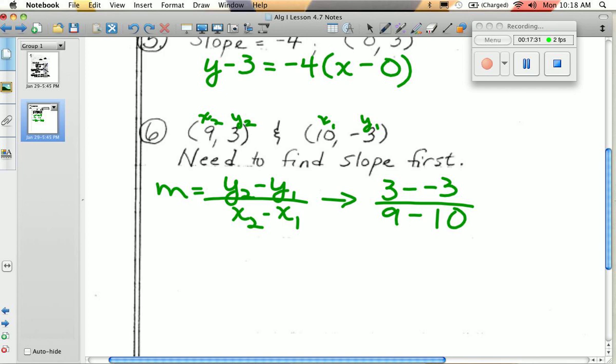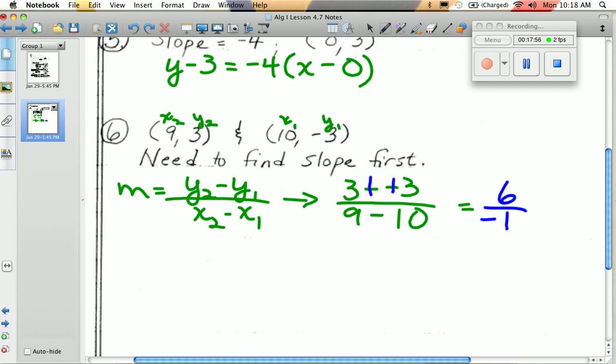We should all get the same answer, even if you let the first point be your x sub 1, y sub 1, and your second point be your x sub 2, y sub 2. We should all get the same slope. What's 3 take away negative 3? 6. Change it to add the opposite, and it is 6, isn't it? And 9 take away 10? Negative 1. And that simplifies to negative 6. So we just found our slope, didn't we? We can now say that m equals negative 6. Okay?